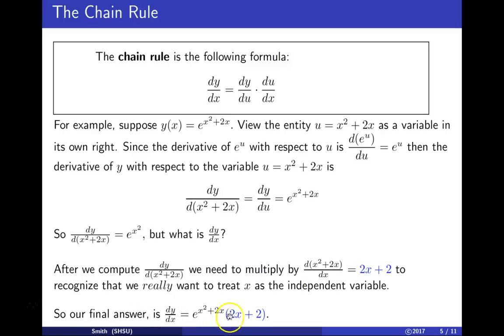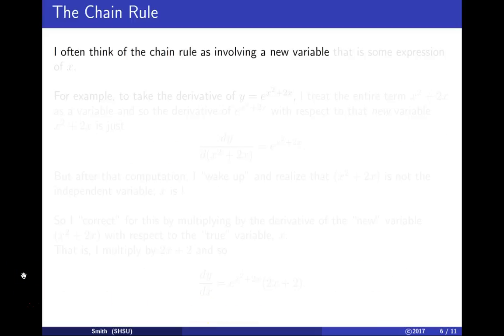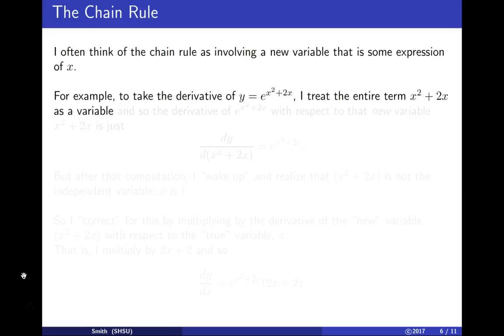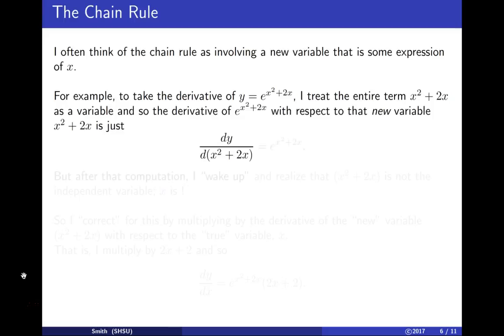This product here came into the problem because what's in the exponent of e is not simply x. It's more complicated. I often think of the chain rule as involving a new variable, some expression of x. In this case, y was e to the x squared plus 2x, and I treated that term in the exponent, x squared plus 2x, as a variable in its own right, and I took the derivative of it with respect to that variable.